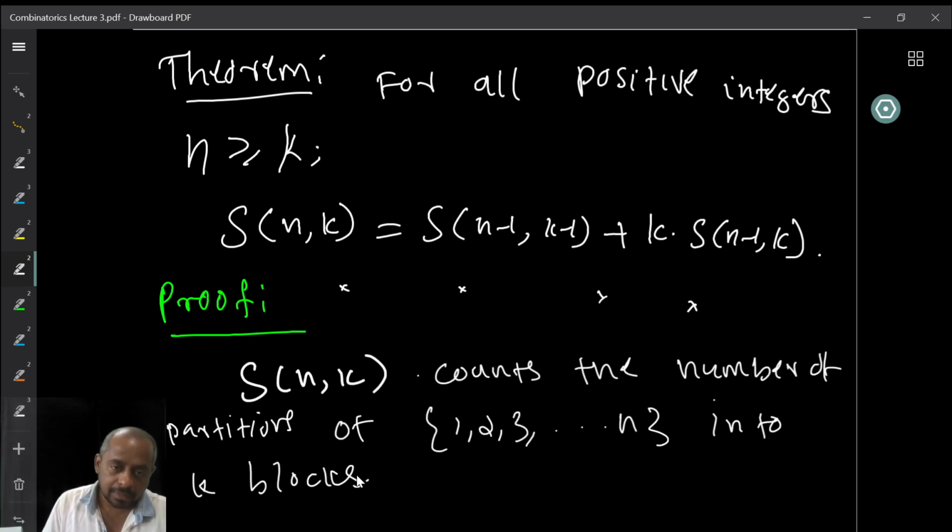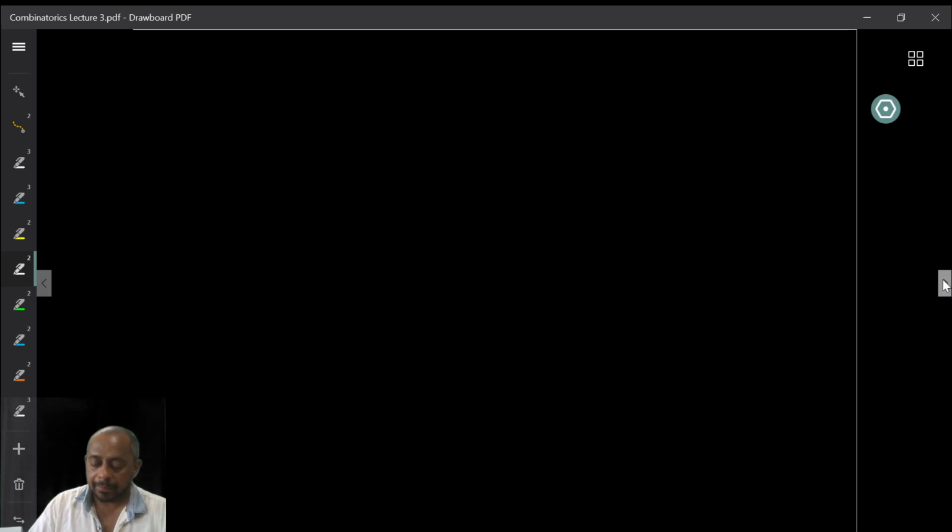Okay, so now we have a partition of the set 1 to n into k blocks. Now look at the partitions themselves.